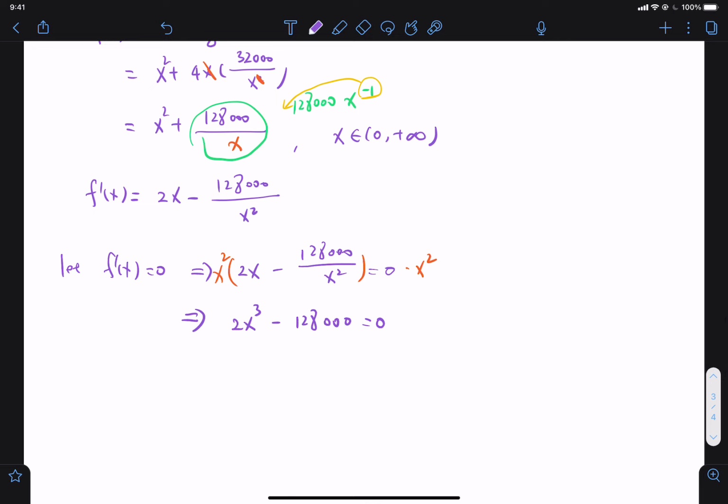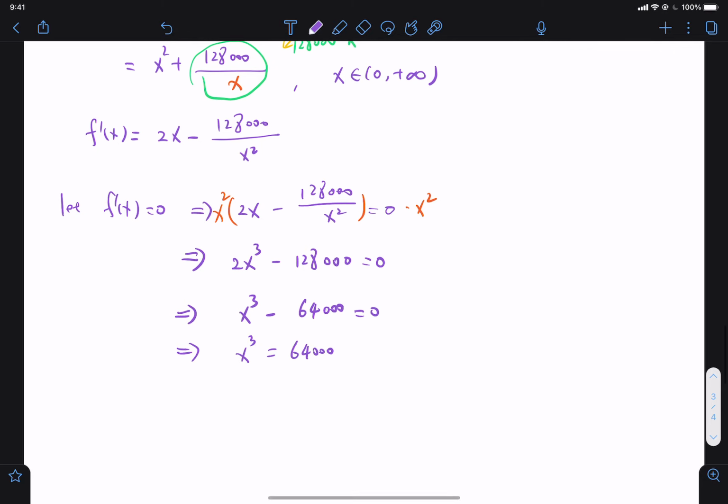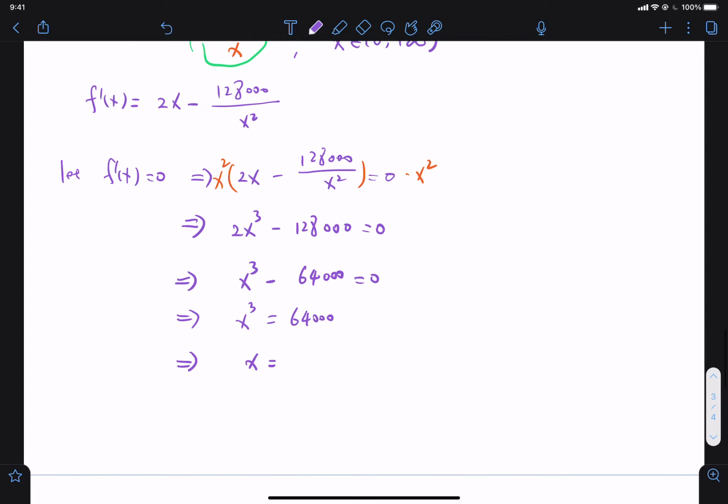And then we divide both sides by 2, so this becomes x cubed equals 64,000. Then we move the 64,000 to the other side and take the cube root. You can use a calculator, and that tells you x is equal to 40. Okay, critical number.